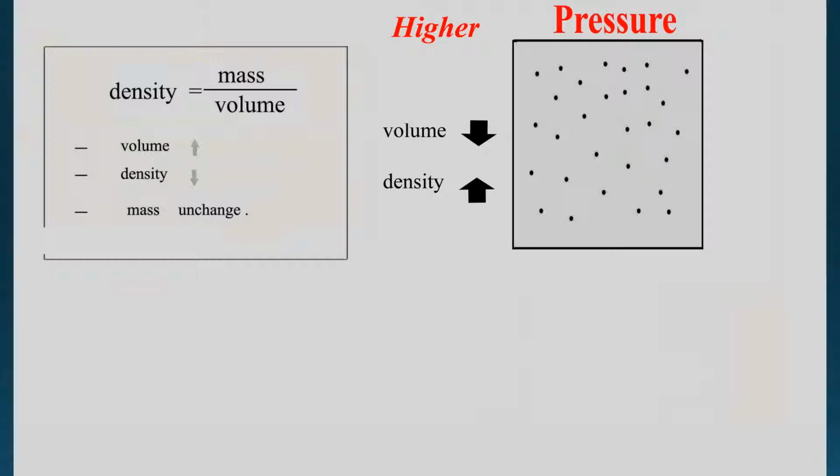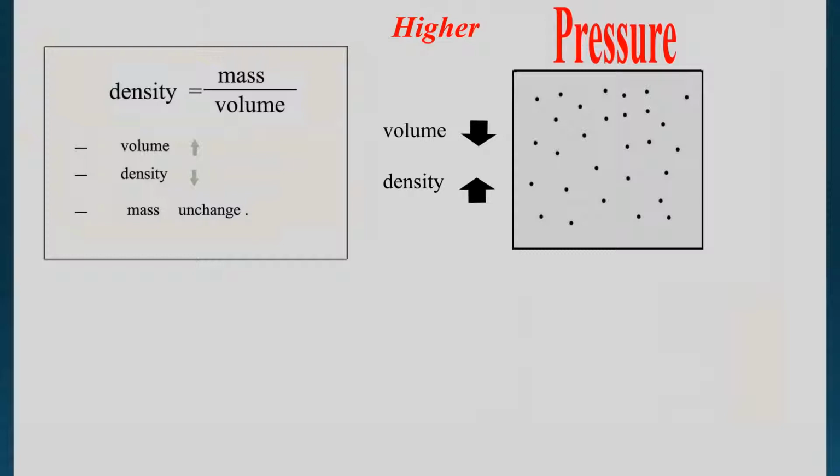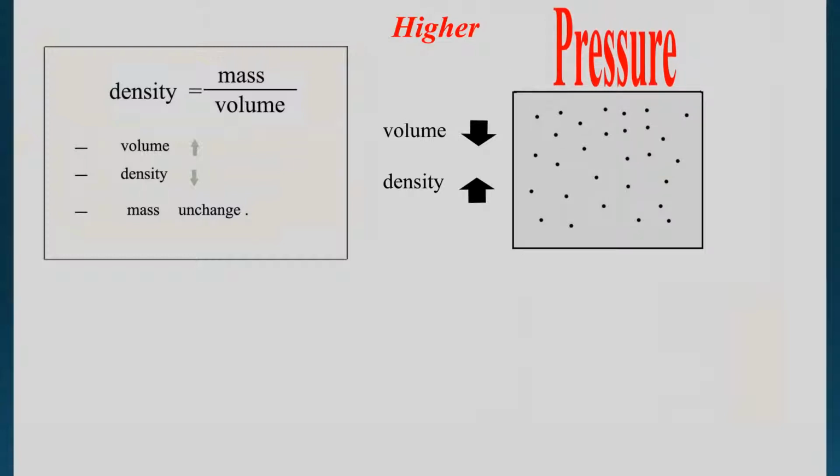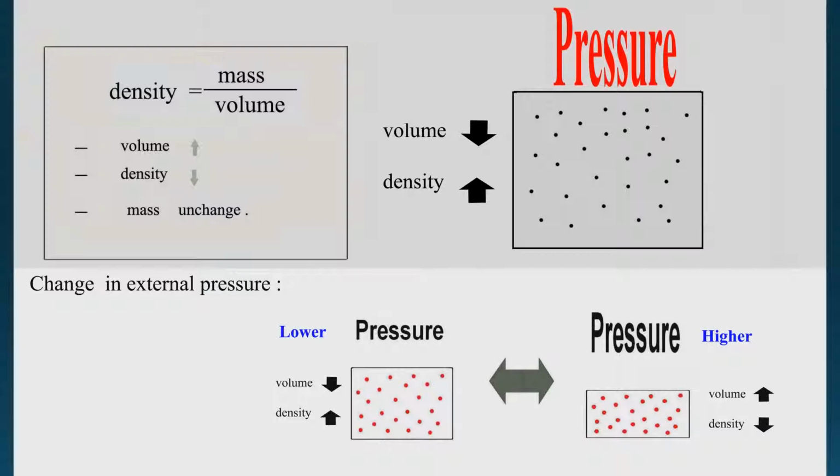If you increase the pressure, volume will decrease, density will increase. So you can see that is the rule. At low pressure, volume up, density down. At high pressure, volume down, density up. Please understand this concept that may help you.